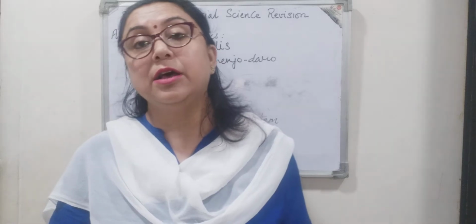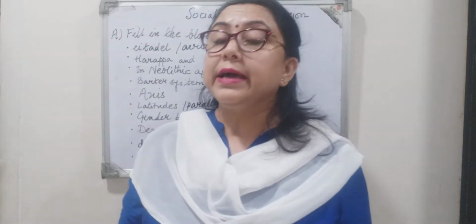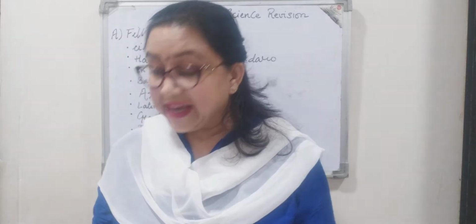So, the first question says, town planning was the most stunning feature of Indus Valley cities. So we have read it very, very clearly in the lesson. In the earliest cities, we have read about the town planning, and we read in detail that the cities of Indus Valley, they were very well planned, isn't it?